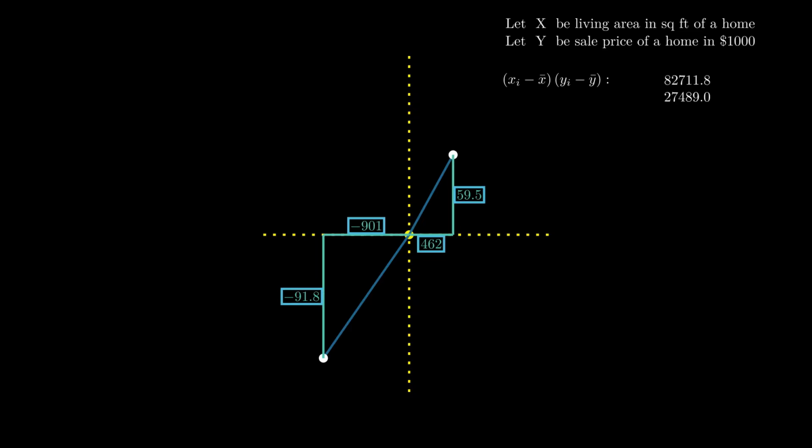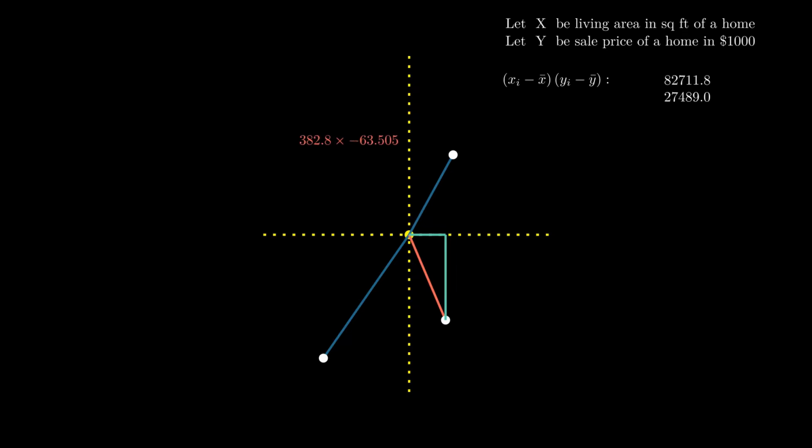Okay, let's go through the rest of the data points in our sample. Here is an example home for which an increase in living area is associated with a decrease in sale price. The product of the deviation from the means of the two variables is negative.